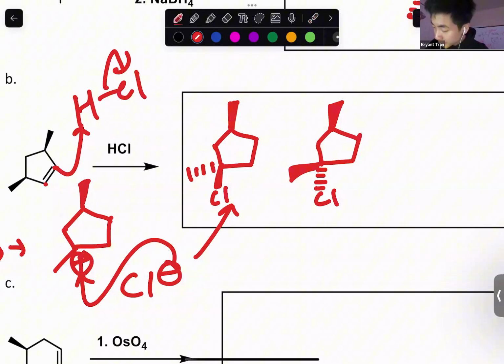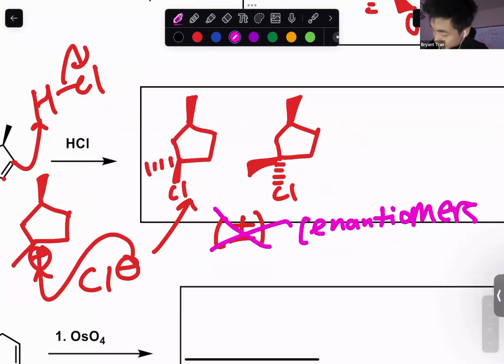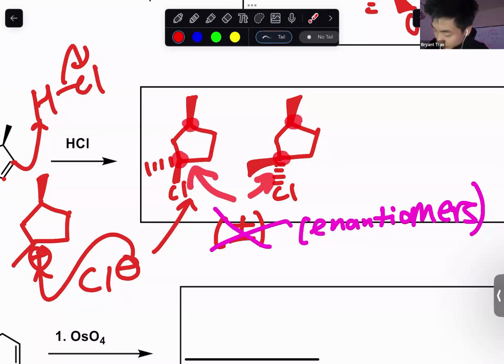We could not use plus minus like you said here, because this plus minus shows enantiomers, right? And back in 119A, enantiomers are when all chiral centers change, right? We have 2 chiral centers here, this one and this one. We see that only 1 chiral center changes for both products, which is the one on the bottom, the one that reacts. The untouched one on top does not change at all.